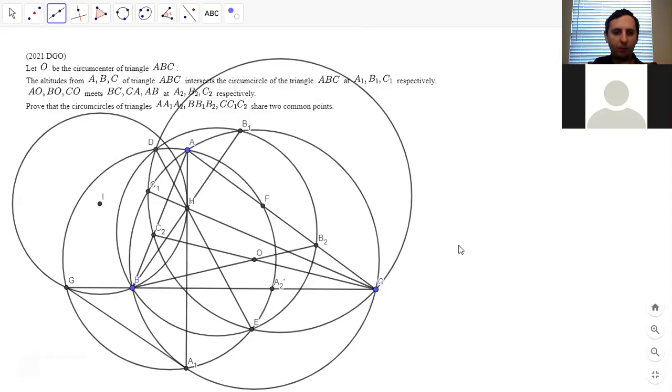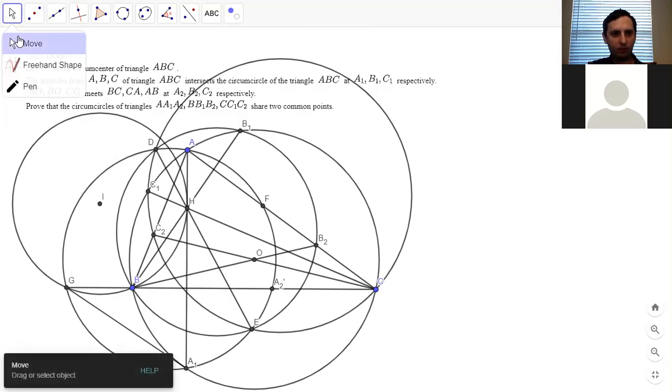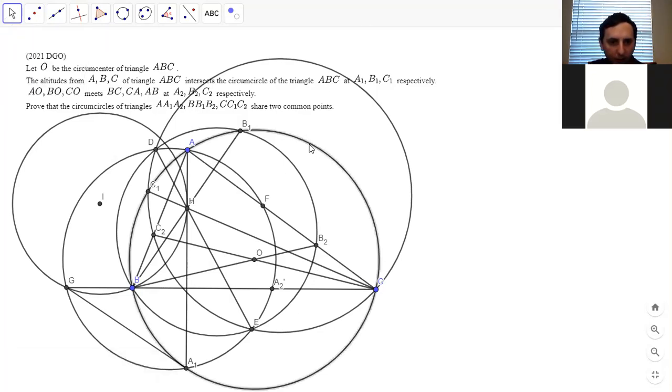Maybe we could use the power ratio lemma. I have a feeling that might be the best way to do this. So let's see, we have this circle right here. B1, B2, or no, C1. No, that's just a circle of ABC. We have this circle.